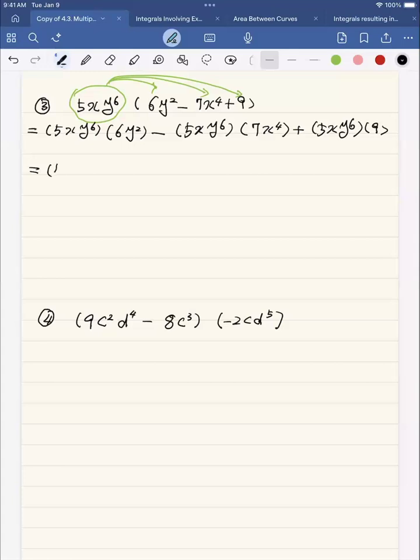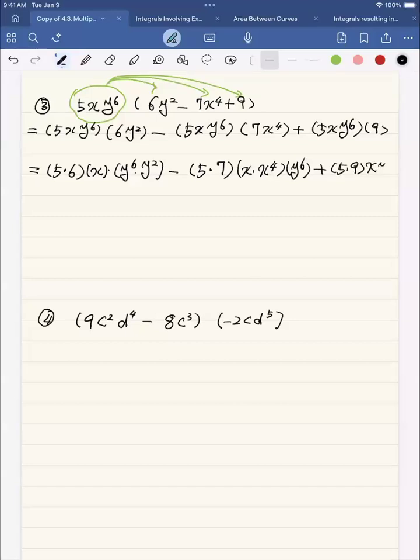So that is 5 times 6 and x times y to the sixth power times y squared, minus 5 times 7 times x to the fourth power times y to the sixth power, plus 5 times 9 times x y to the sixth power.